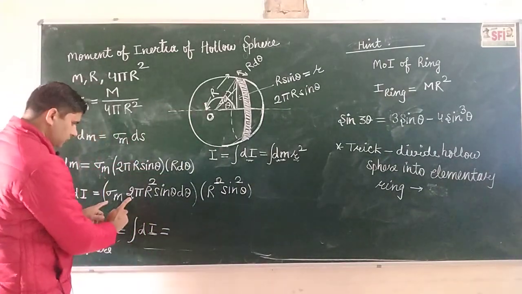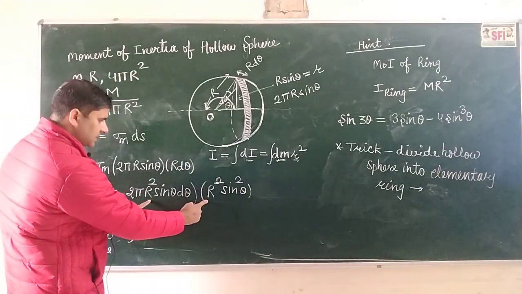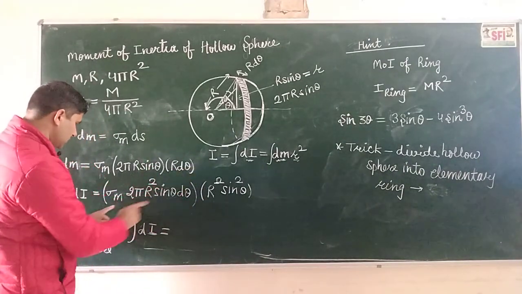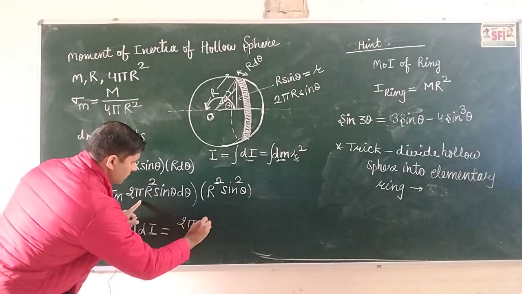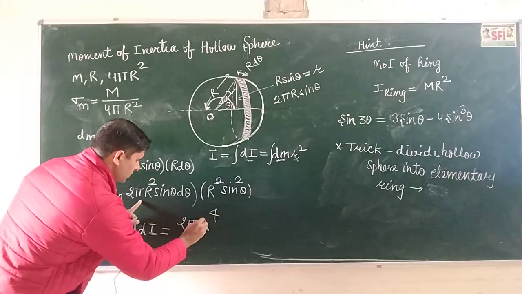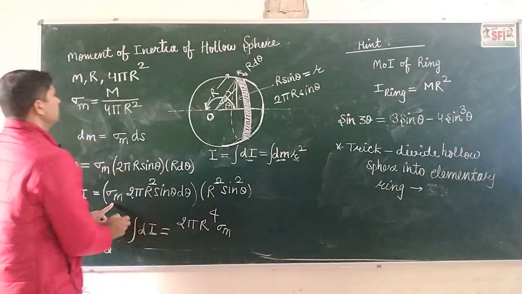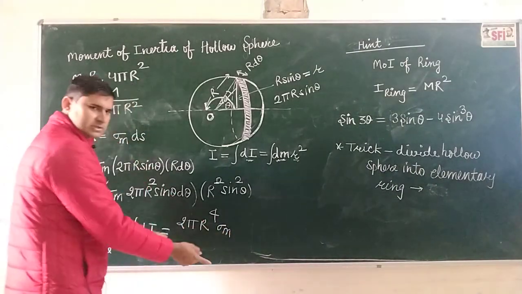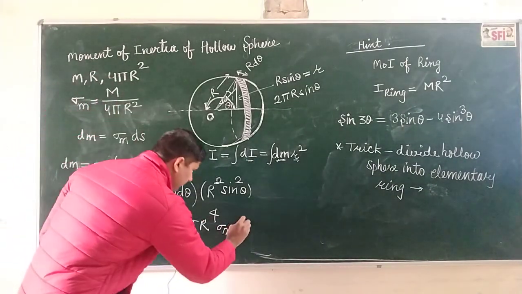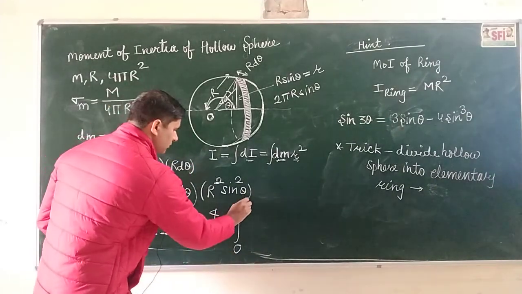So here you will get 2 pi R square into R square, that will be R raised to power 4, and you will get 2 pi R raised to power 4, and then you have sigma m, the surface mass density, whose value is this. Okay, you can take these constants out of the integration, and then you have limits of integration 0 to pi.